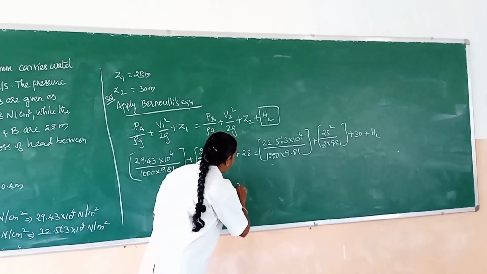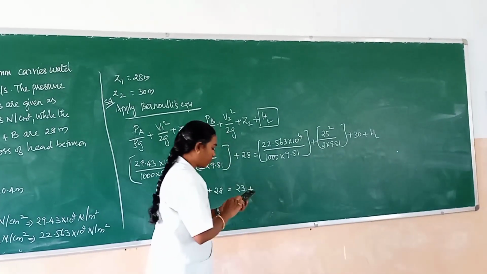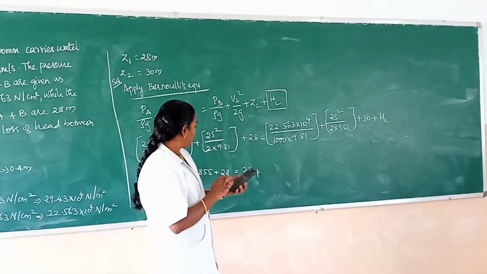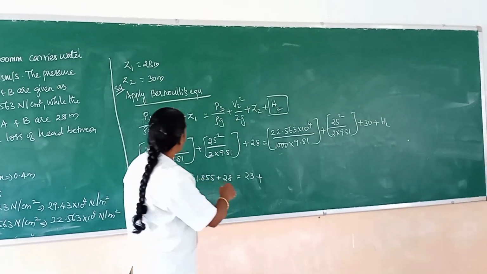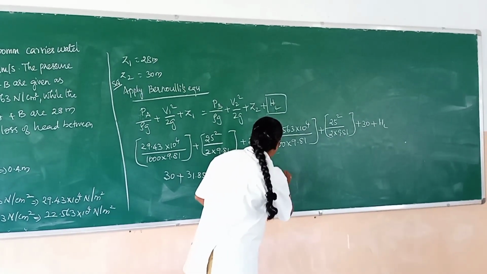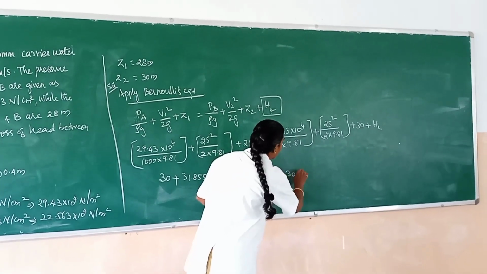You get 23 plus 25 square divided by the same value, we will get 31.855 plus 30 plus HL.